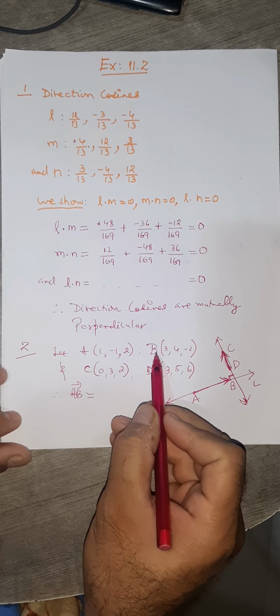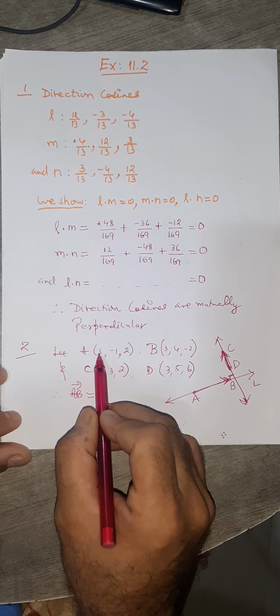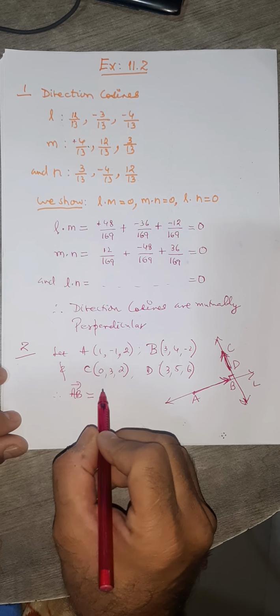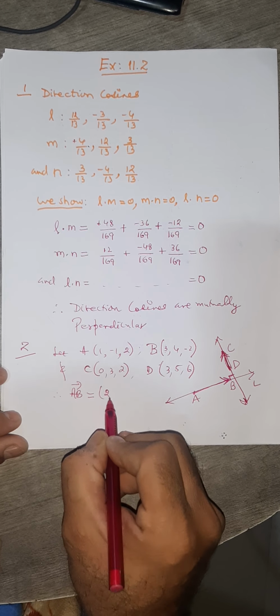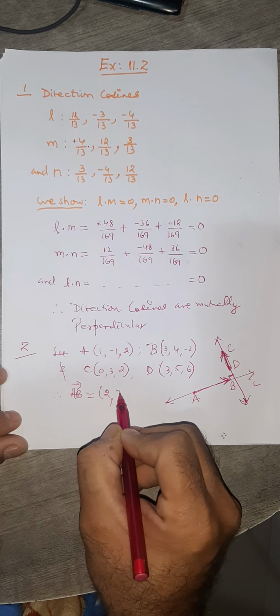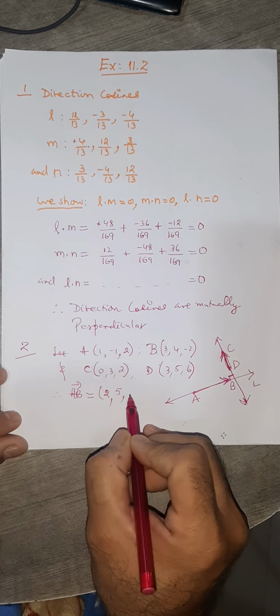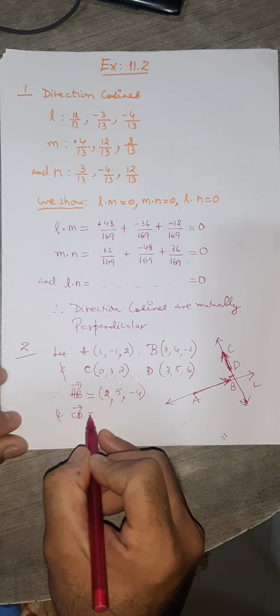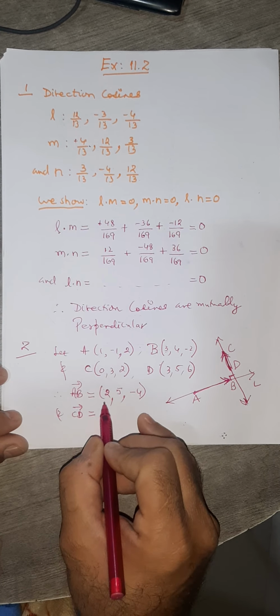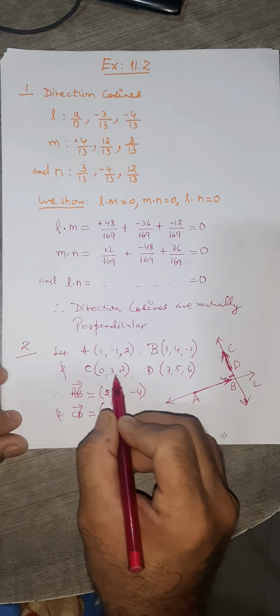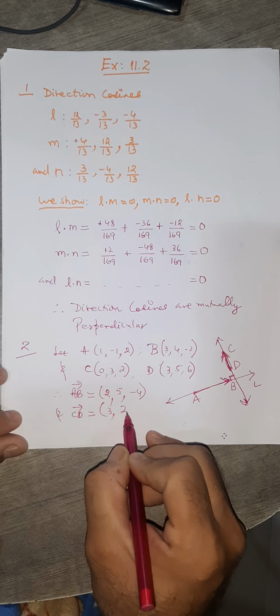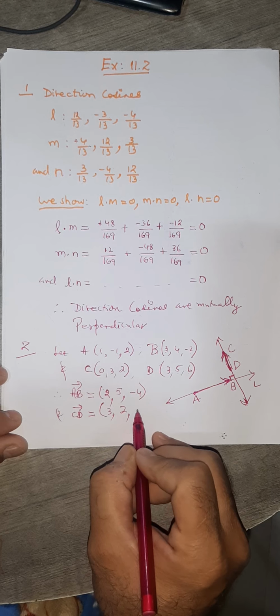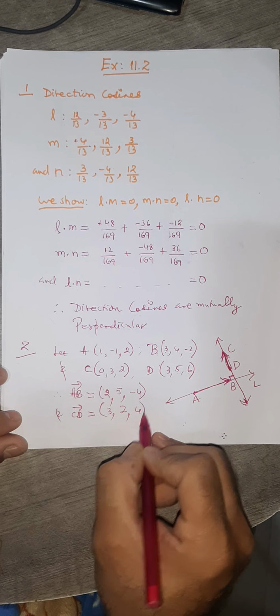So therefore here we'll find the vector parallel to the direction of this line, that is vector AB. How do we get this? B minus A. So 3 minus 1, which is 2, comma 4 plus 1, which is 5, comma minus 4, and vector CD, that is 3 minus 0, which is 3, 5 minus 3, which is 2, and 6 minus 2, which is 4.